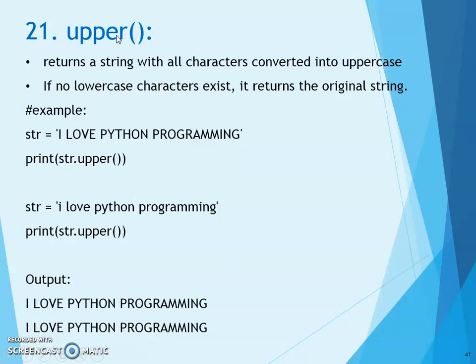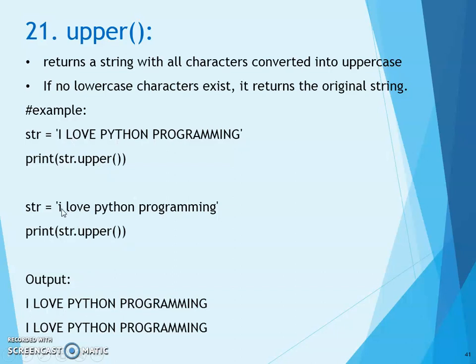Next is upper. This upper method returns a string with all the characters converted into uppercase. If no lowercase character is there in the string, then the original string will be returned. For example, if we have a string with all the characters in uppercase and we invoke the upper method, the original string will be returned as it is.